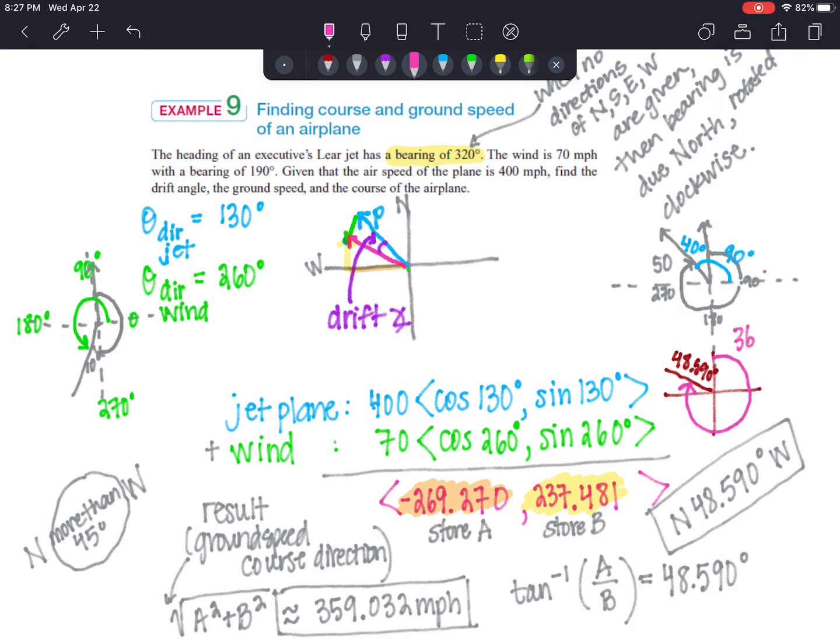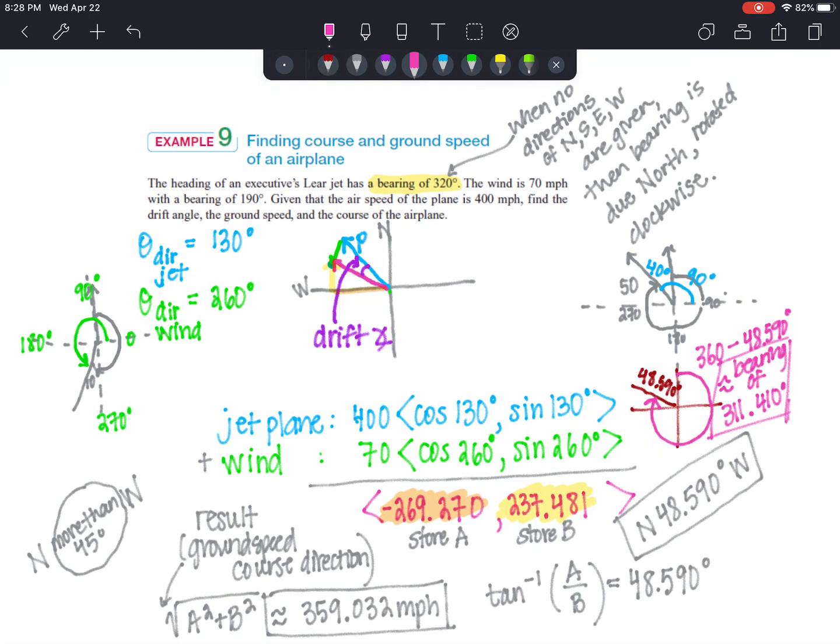So it's going to be 360 minus the 48.590 degrees, which is approximately a bearing of 311.410 degrees. So either one of those would be our answer. So either one of those would be correct. If you're more comfortable with the north 48.590 degrees west, I am too. So we can stop right there.